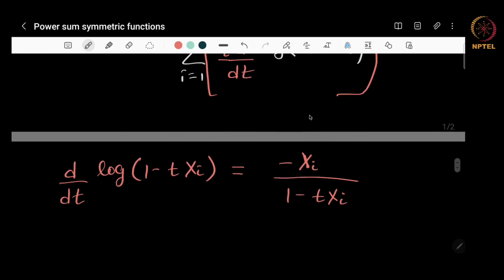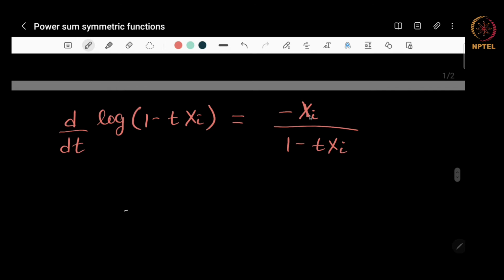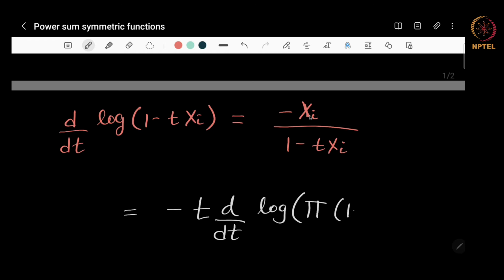So what's this? I can pull the minus t d/dt outside. So I'll think of it like this, minus t d/dt of log of the summation. I can also absorb the minus. So let's do this, log of the product of 1 minus t xi.